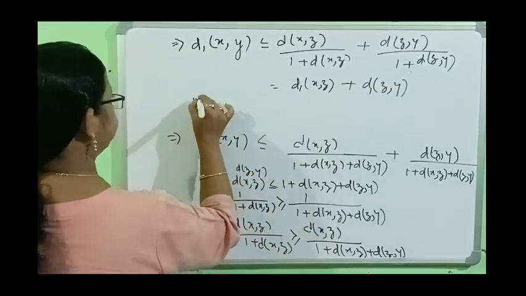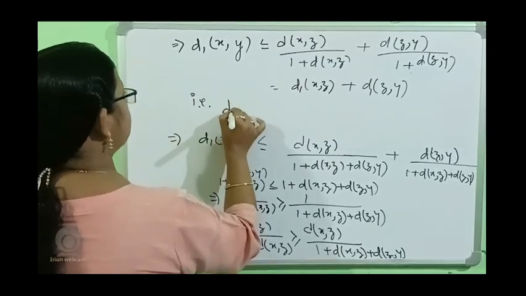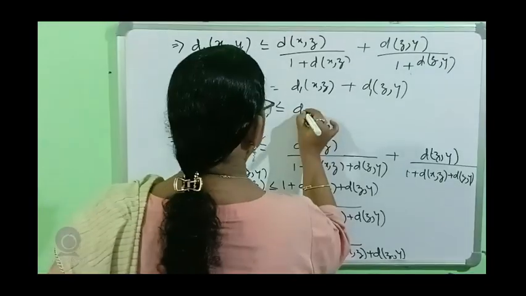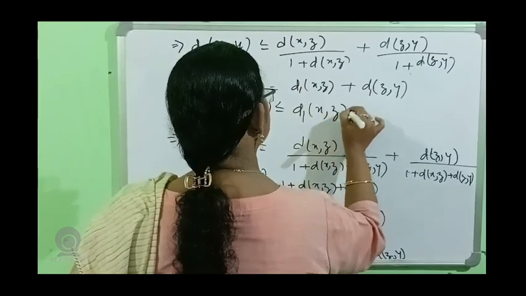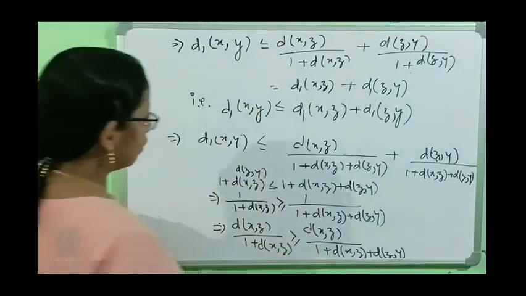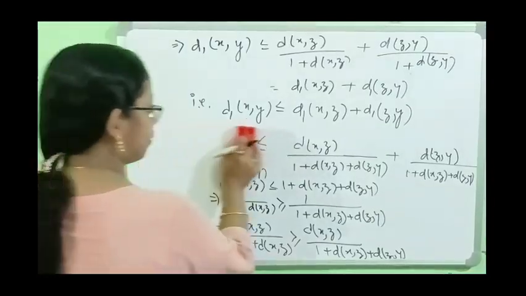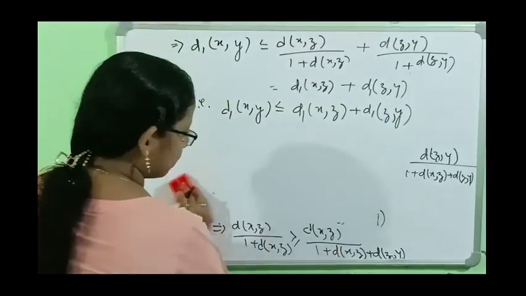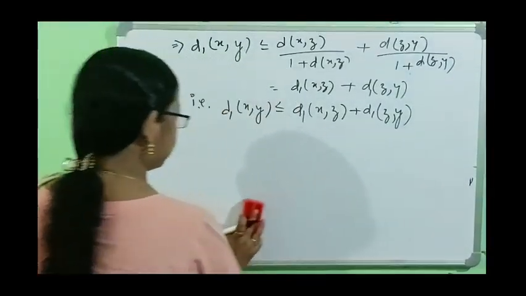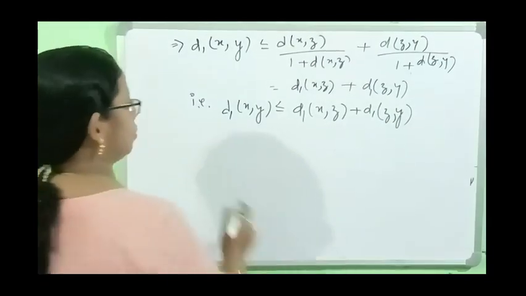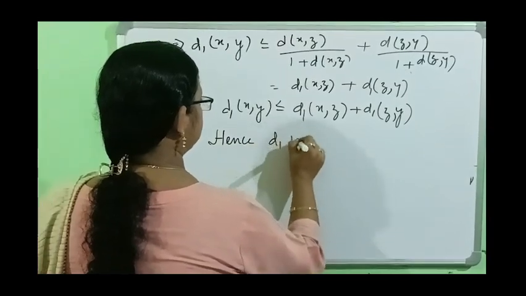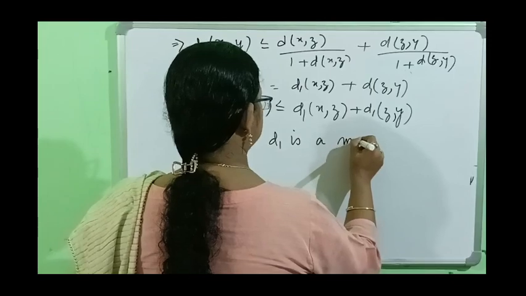That is, d1(x,y) is less than or equal to d1(x,z) plus d1(z,y). Hence d1 is a metric on X, and (X, d1) is a metric space.